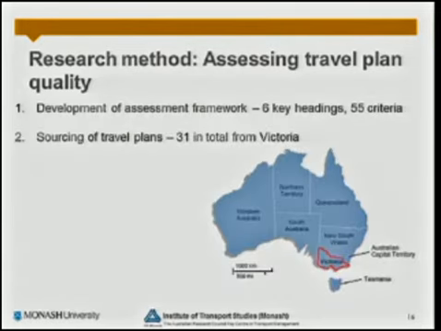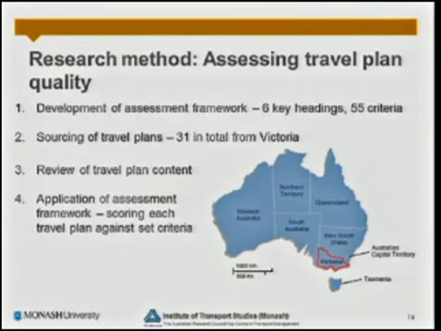The focus of this study was in Victoria, so we sourced 31 travel plans. We believe this was most of the travel plans that have been developed in Victoria, and most of these were in the capital city of Melbourne for the last 3 years. And we reviewed each of the travel plans for its content and assessed it against the scoring framework.